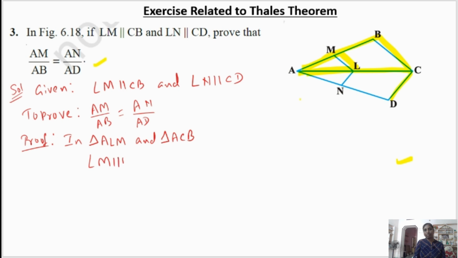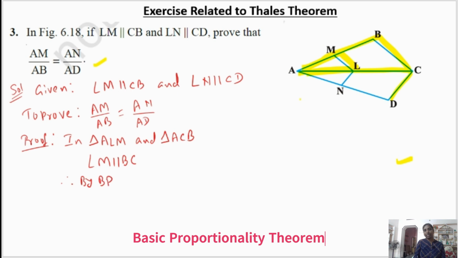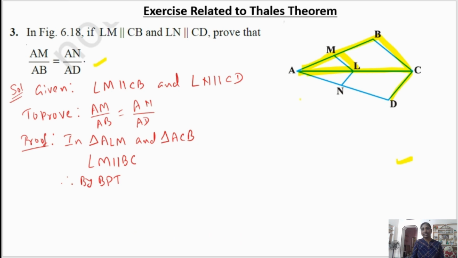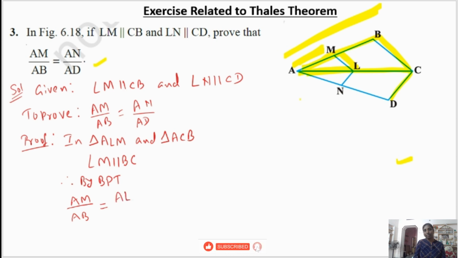Therefore by BPT, basic proportionality theorem, we can write AM by AB, this small part and this big part, is equal to AL by AC. Now this is equation number 1.